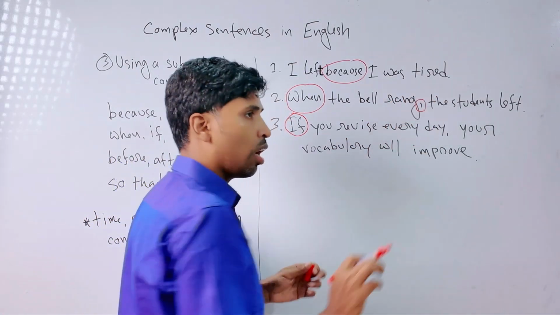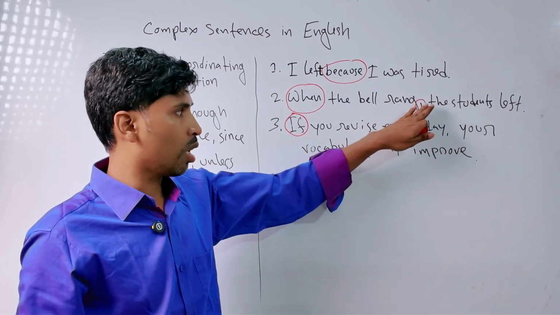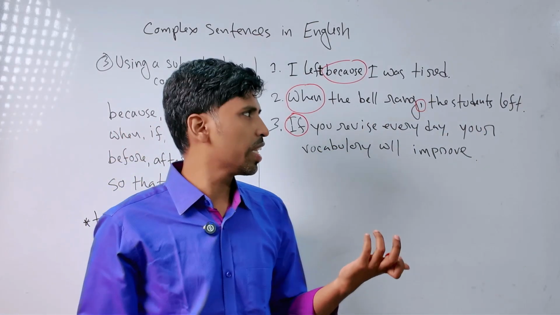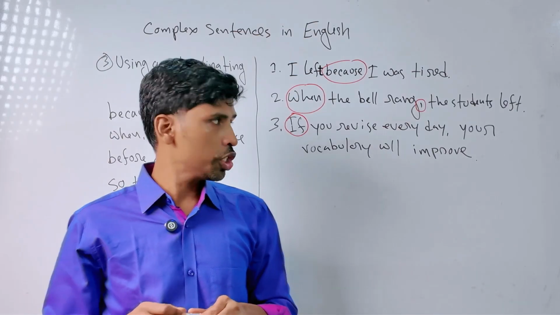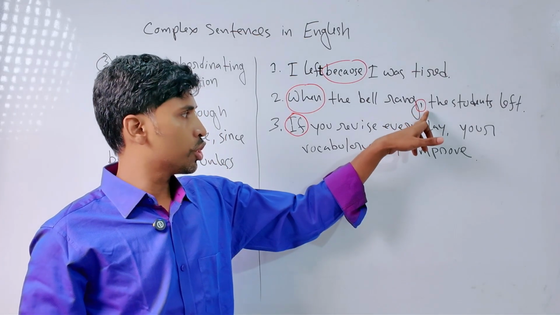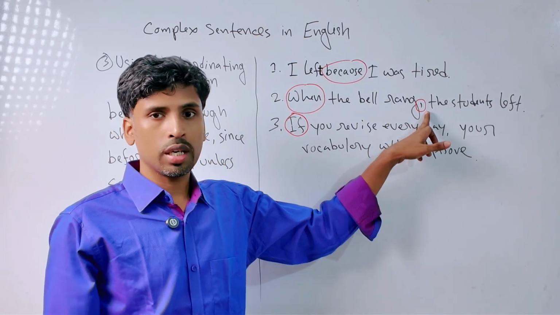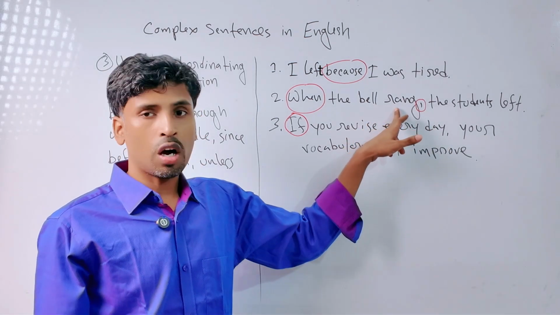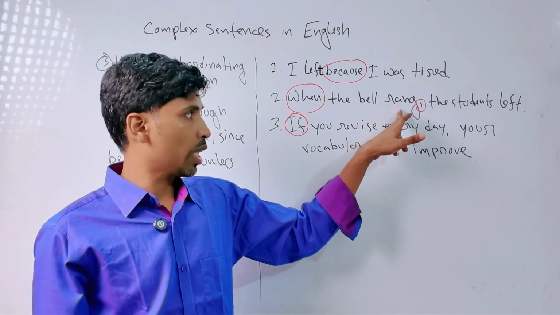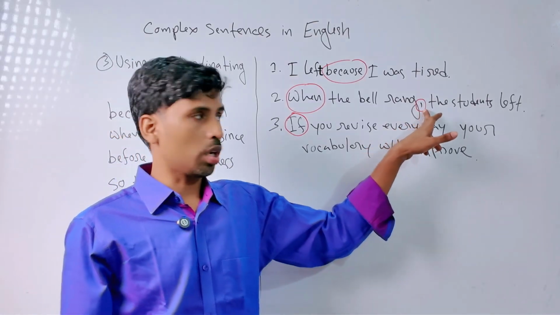I mean, it will not be wrong if you don't use the comma, but most commonly it is used. So in today's English, this comma is usually used. But if you read English literature, you will see that some of the authors often left out the comma.